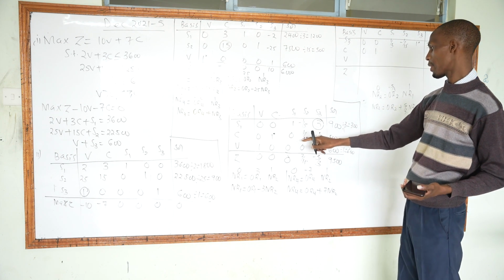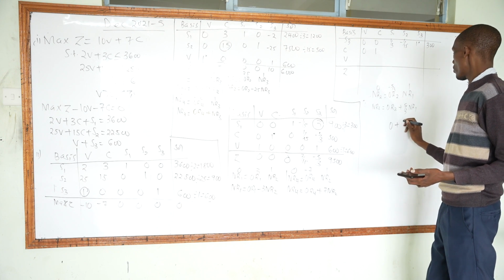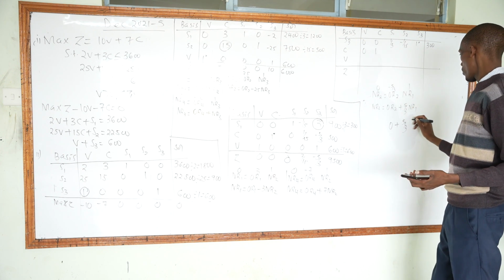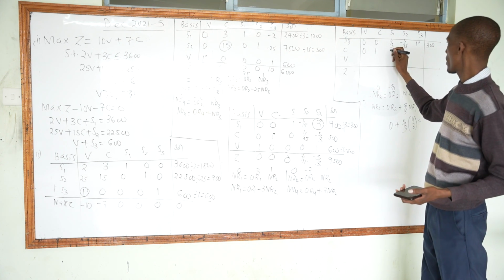It now says 0 plus 5 over 3, in bracket 1 over 3, you get 5 over 9.